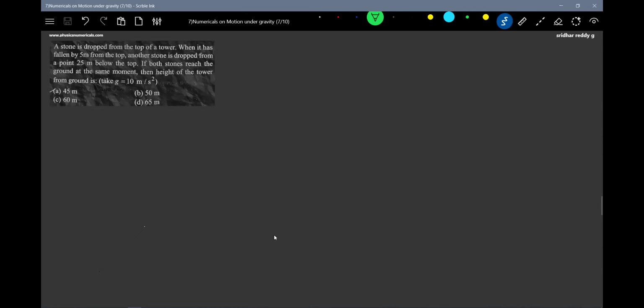If both the stones reach the ground at the same moment, then find the height of the tower from the ground. Just have some rough analysis, that will be more than sufficient.